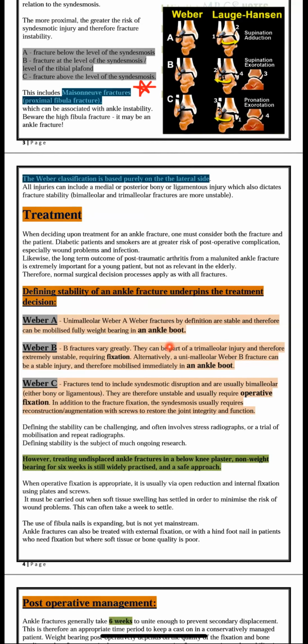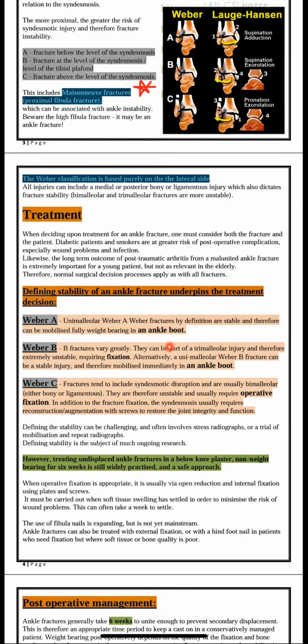Weber B, which is usually at the level of the syndesmosis, may be stable or unstable. If unimalleolar, only one of the malleoli, the lateral malleolus, is affected. So here you will go for conservative management like Weber A, with an ankle boot.